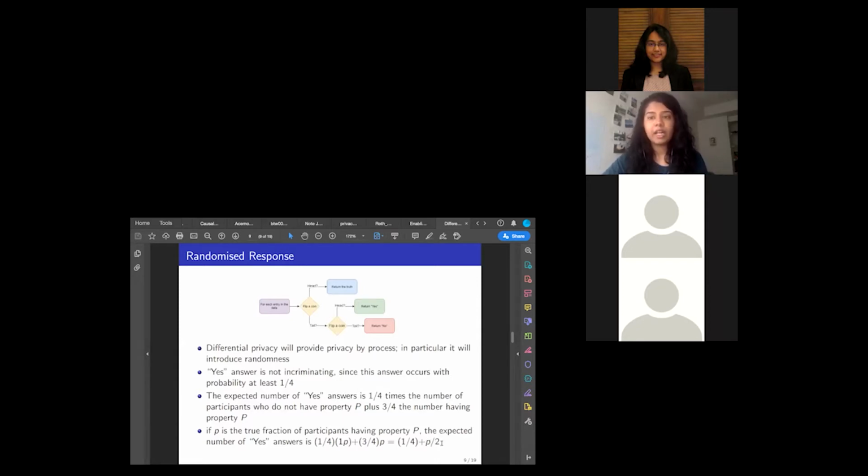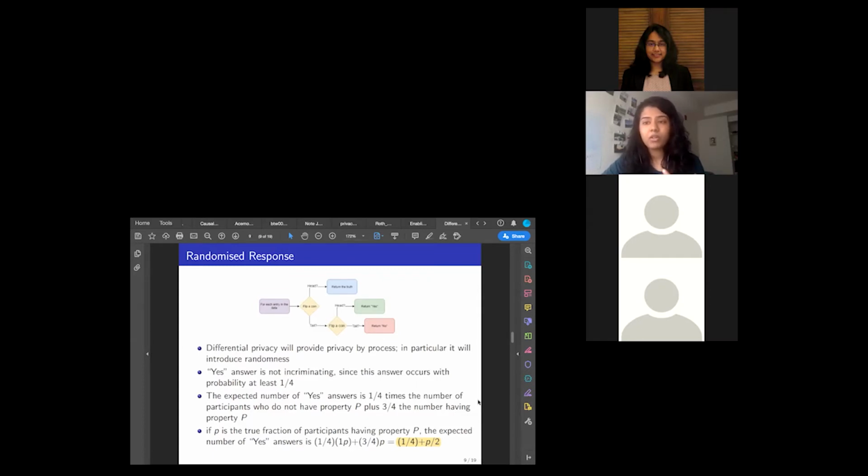So the greater the number of samples you have, the greater is your accuracy, which also happens to make sense. If you equate this expression with the fraction of yeses that you get, you will be able to deduce the percentage of people who have participated in drug abuse.